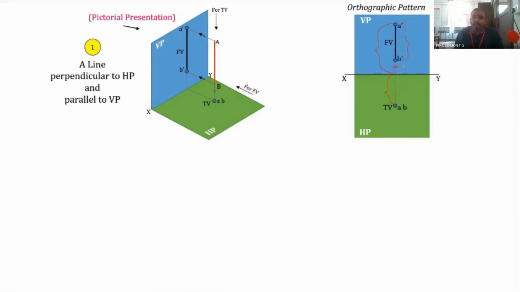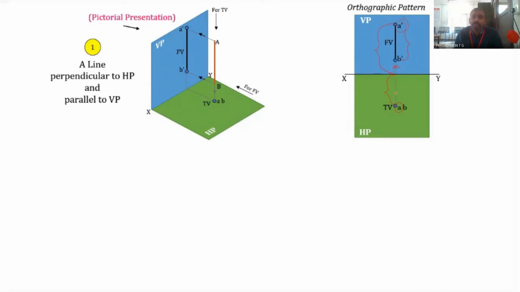By this time you might have noted that A dash as well as A are the front view and top view of the same point, point capital A, and that the front view and the top view of the same point are lying on the same projector line.